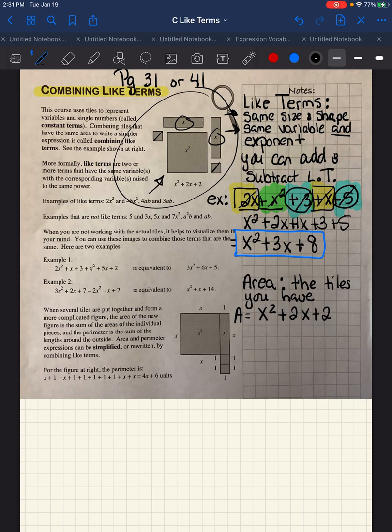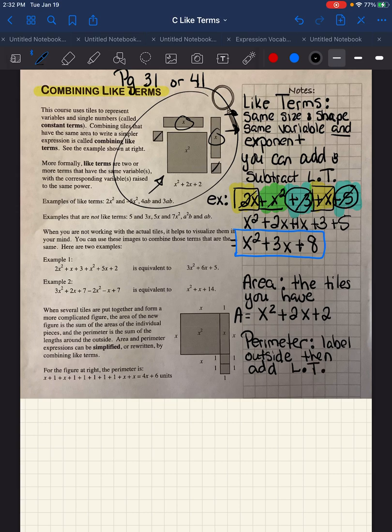Okay, now perimeter, we haven't really talked about this, but perimeter is the distance around the outside of the tiles. What you want to do is this: label the outside edges. I'm just going to put label the outside, then add, and I'm going to abbreviate, LT stands for like terms.